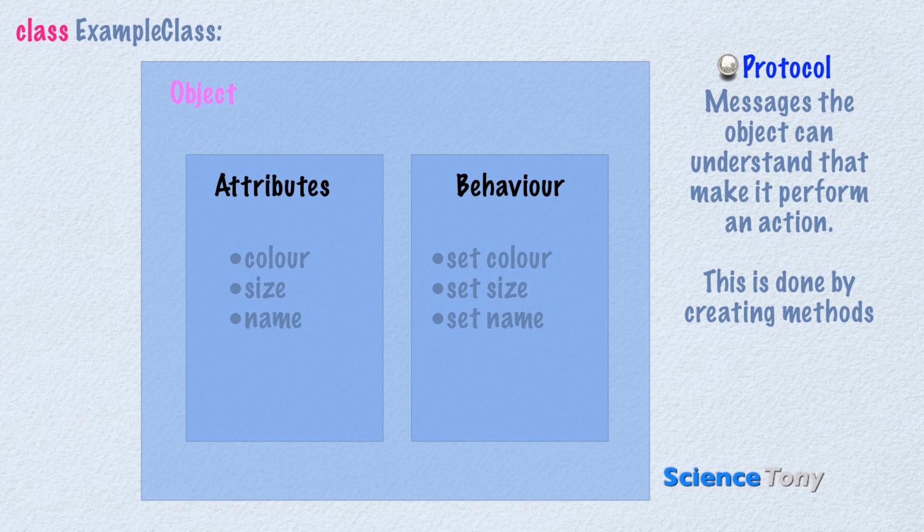These messages are the protocol messages the object can understand that make it perform an action. This is done by creating methods in the class. So the class ends up with the constructor and some methods which allow it to understand messages and perform actions.